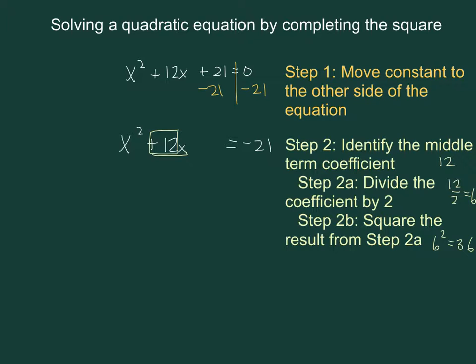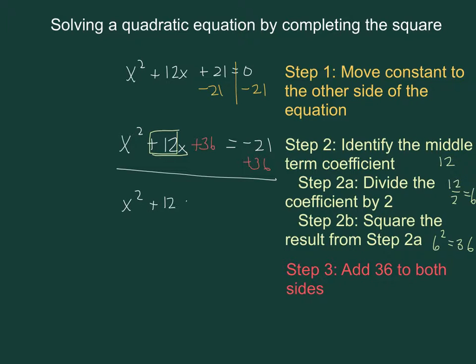Now for step 3, which is really quite simple, we just add to both sides the number 36. So again, like I said, we're adding 36 to both sides for step 3, and we are going to solve this. So we've got x squared plus 12x plus 36 equals, what is that, 15?